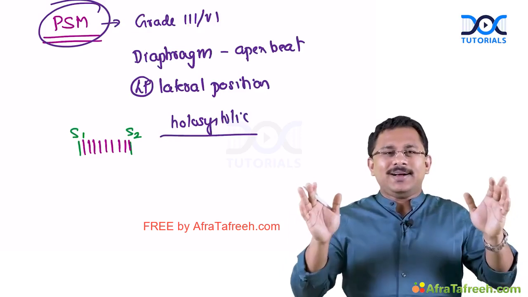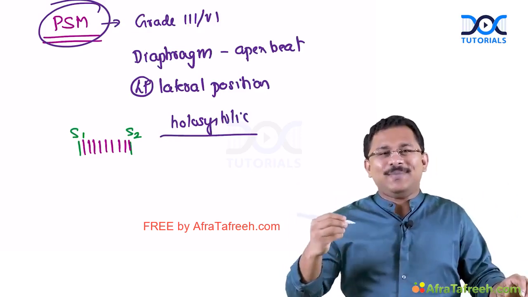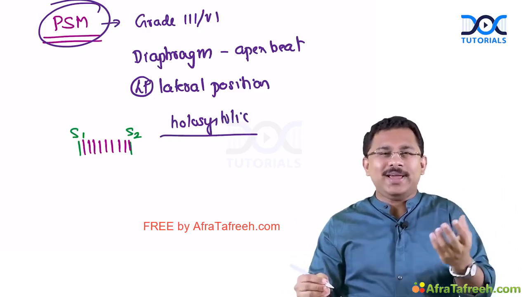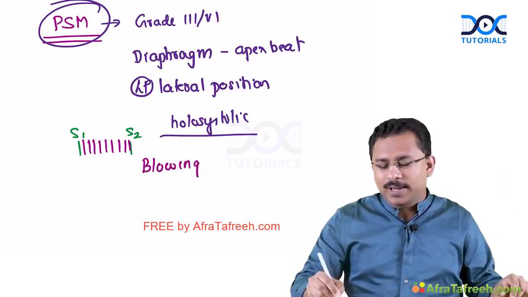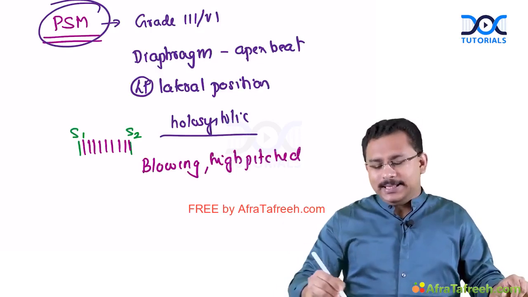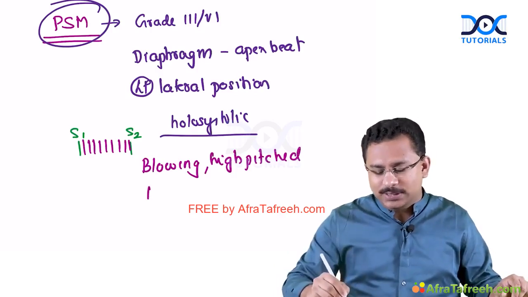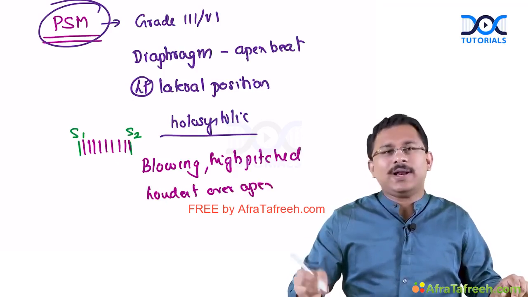So remember, the nature of the murmur associated with mitral regurgitation is blowing and high-pitched. This is loudest over the apex.